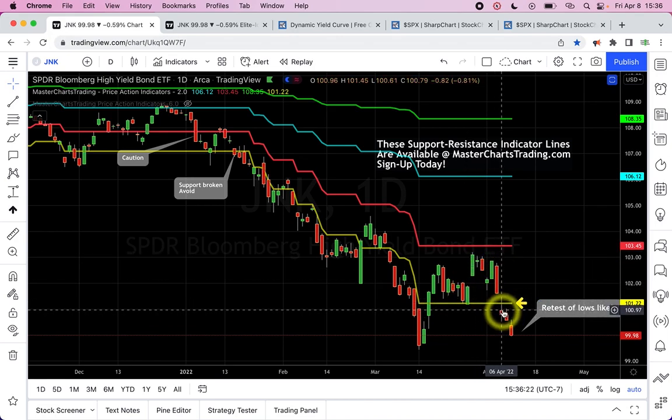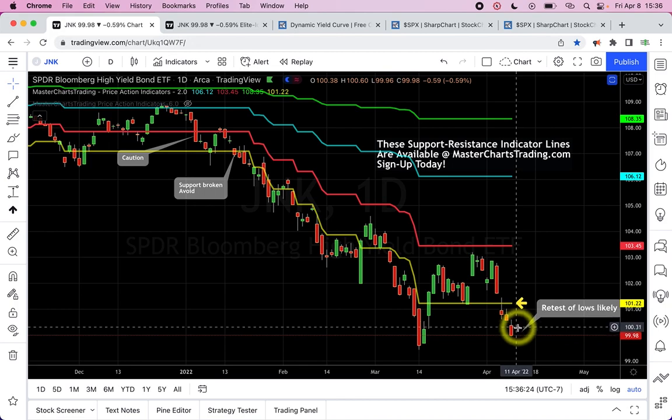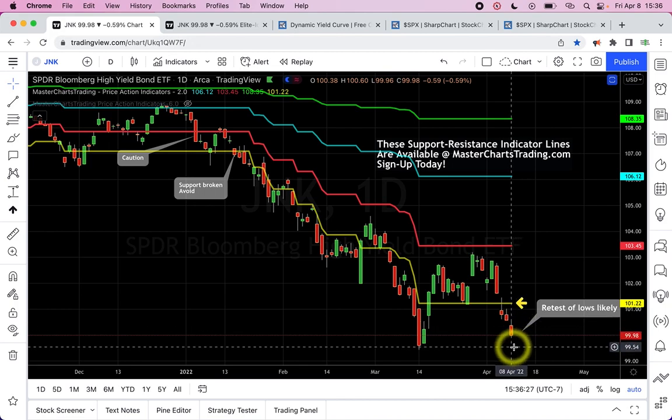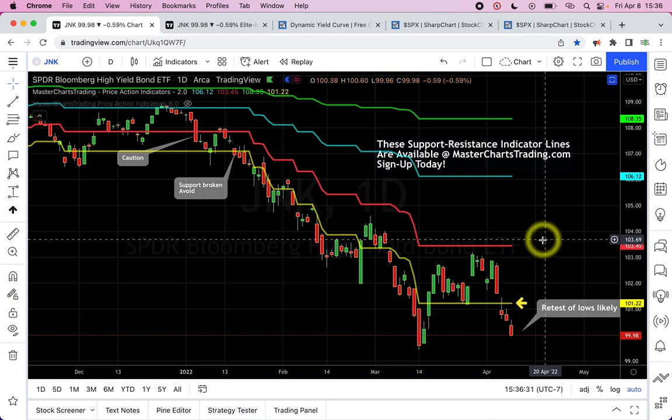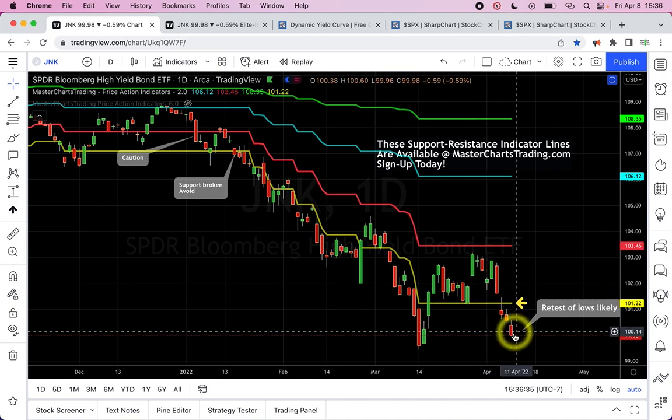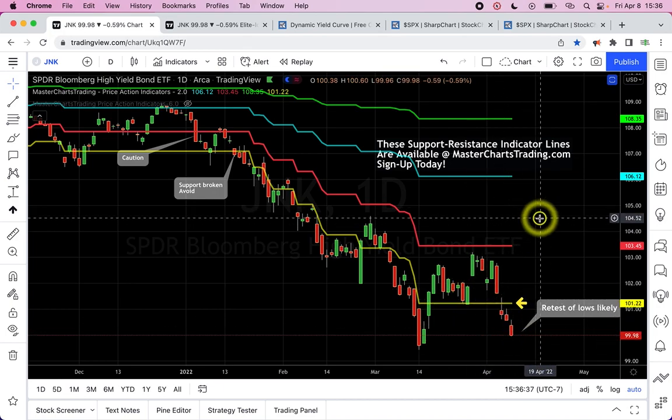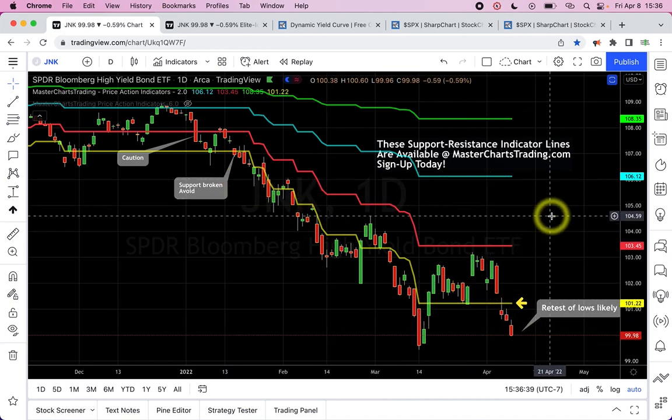Right there on the 6th of April, it gapped through that line. So now we're on the way to a retest of March lows. Again, this is worrying because of the correlation to the S&P 500, and I'm worried that the junk debt, the NASDAQ, and the Russell 2000 are all moving towards new lows.